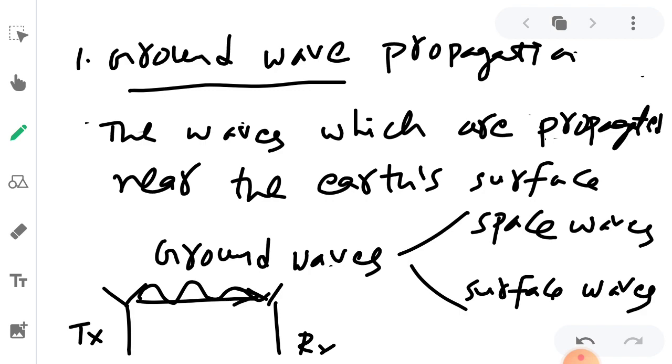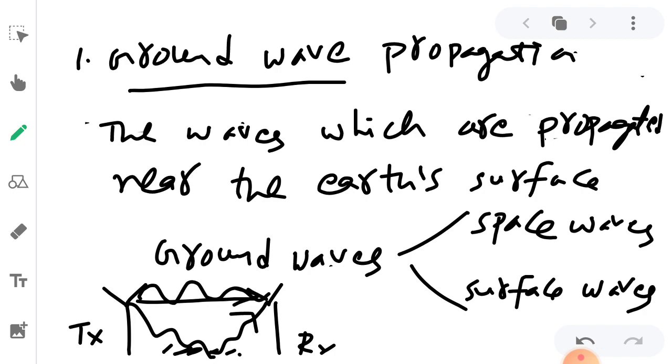Some waves, when transmitted, are reflected from the earth's surface and then reach the receiver antenna. These are called ground reflected waves or surface waves.